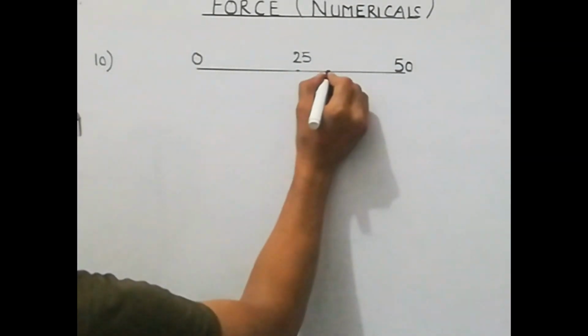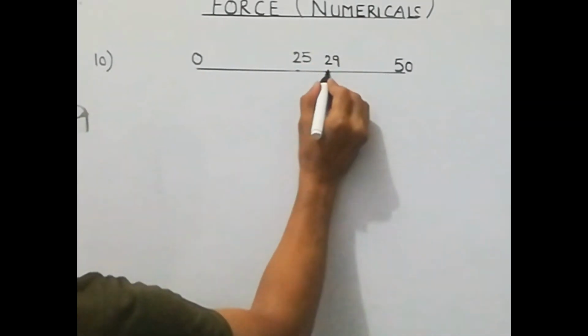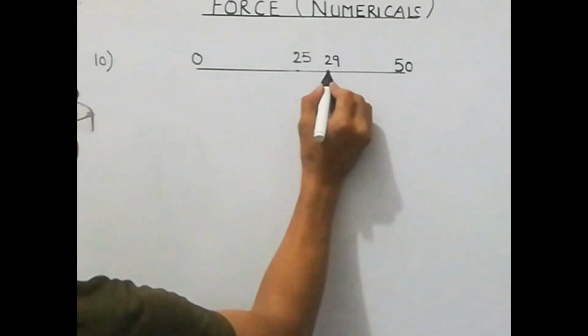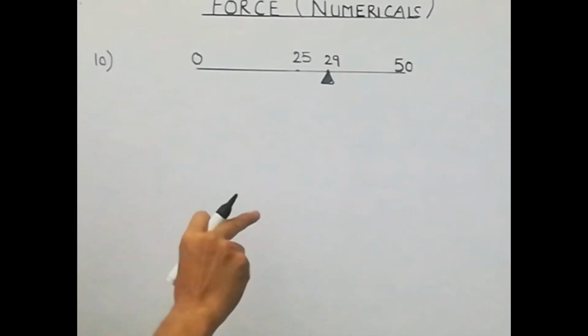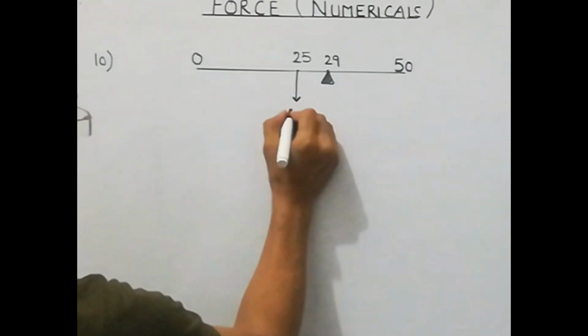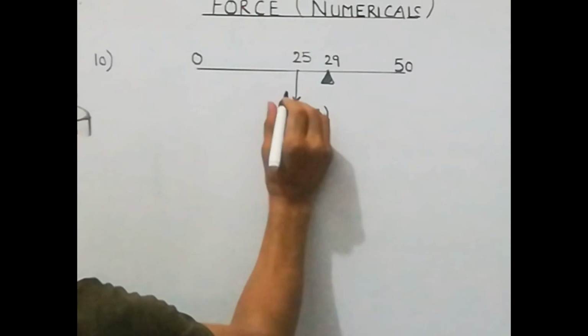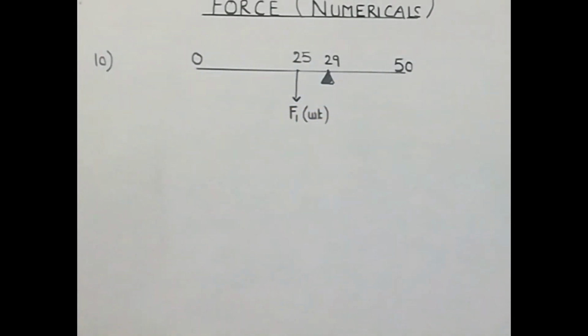So 29 centimeter will be somewhere here. This means the rule is not balanced at the midpoint. So at the midpoint we will show the weight of the scale acting in the downward direction like this. The weight of the scale will be shown acting at its midpoint, that is 25.